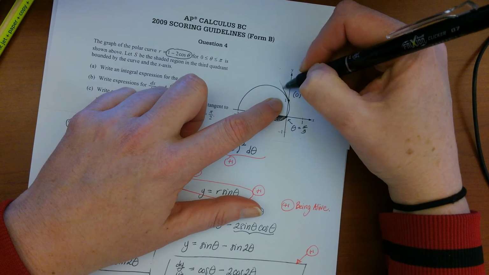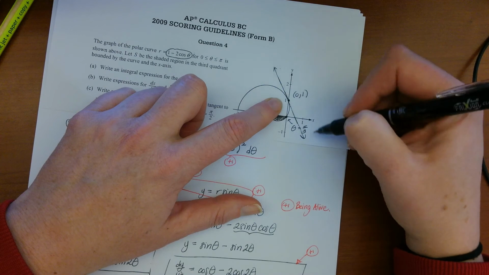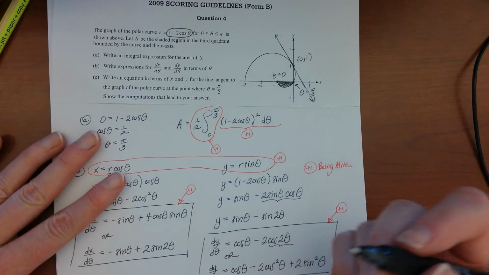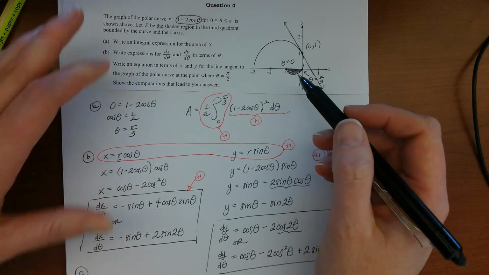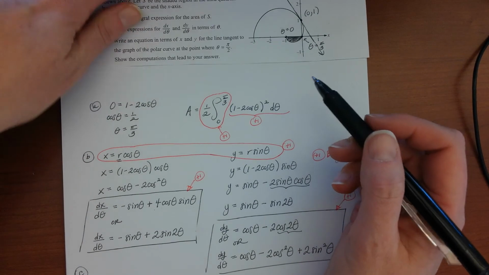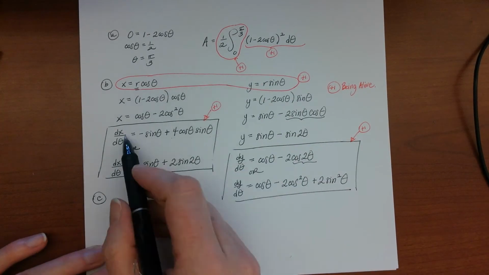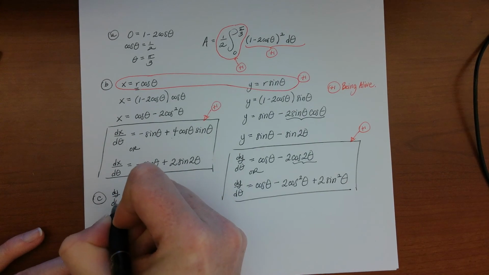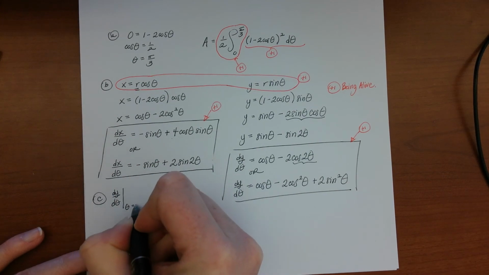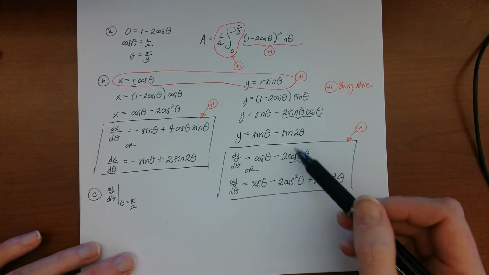So really all we'd have to do to finish this problem out would be to find the slope of the tangent line in terms of x and y. And so basically what we need is dy dx. And so we can use the parametric form of the derivative to get it. So since we have these guys right here, let's figure out what dy d theta would be when theta is pi over 2. You can just plug pi over 2 into either of these expressions.